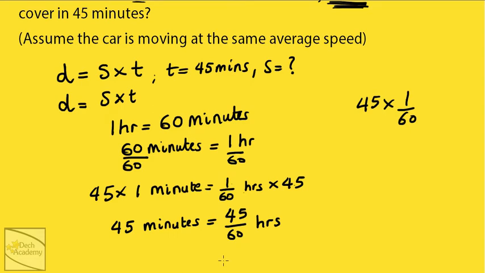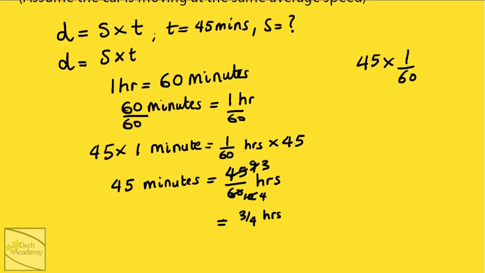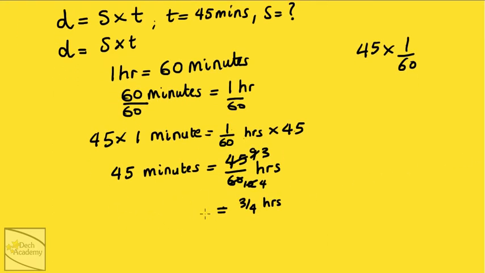which is equal to what? Well, 5 in 45 is 9, 5 in 60 is 12, 3 in 9 is 3, 3 in 12 is 4. So we have 3 over 4 hours. So 45 minutes is 3 over 4 hours. 3 over 4 as a decimal is 0.75.